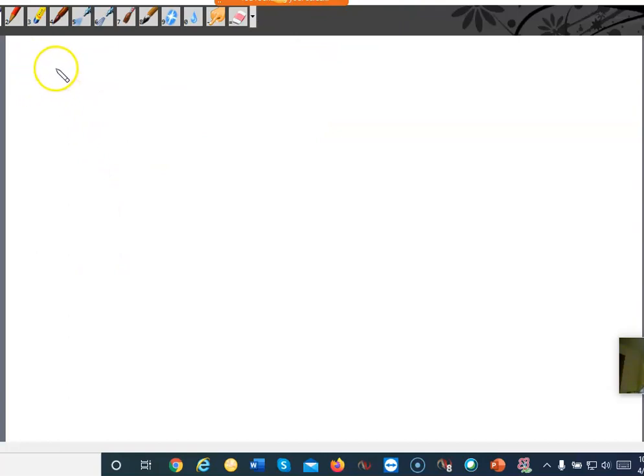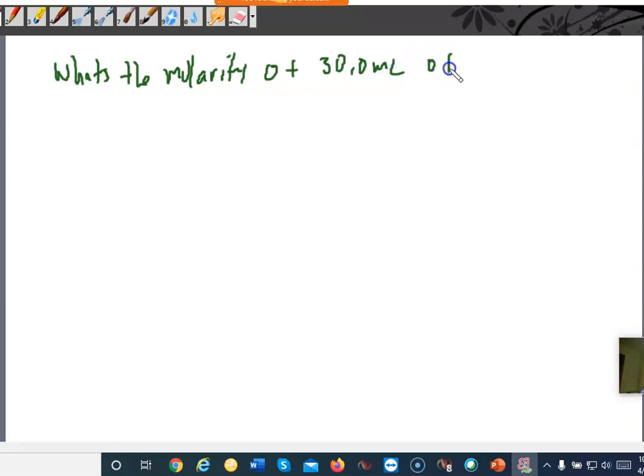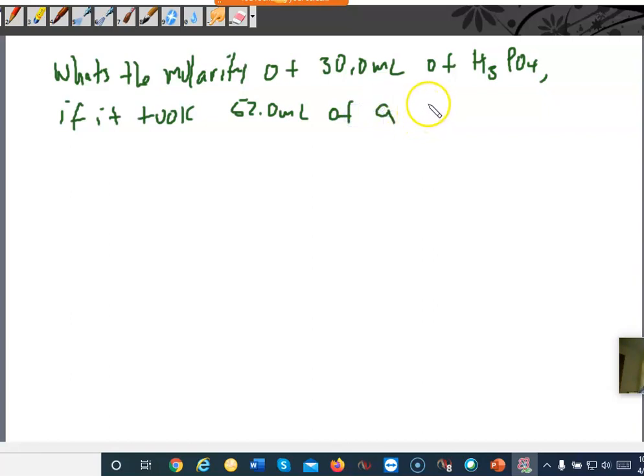All right, let's see. What should we do here? What's the molarity of 30 mils of phosphoric acid if it took, let's see, how about 52 mils of a 0.513 molar solution of sodium hydroxide to neutralize it?